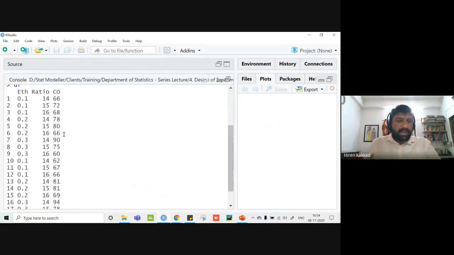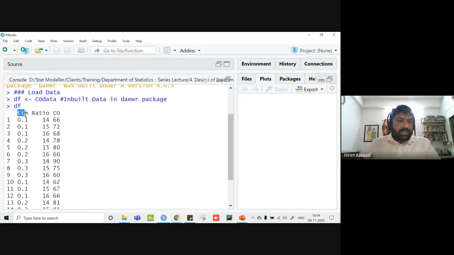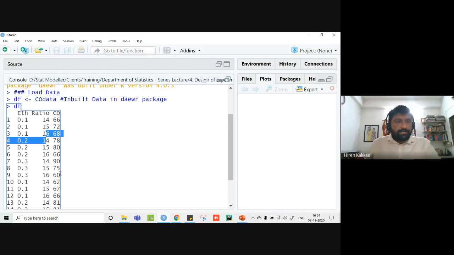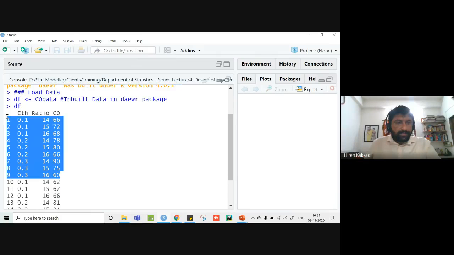So you can see here how it is arranged. This is ethanol, then ratio, and then CO, that is carbon monoxide. Up to this point, it is the first replication.